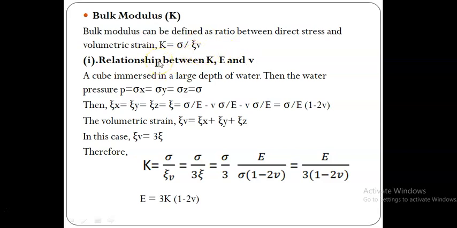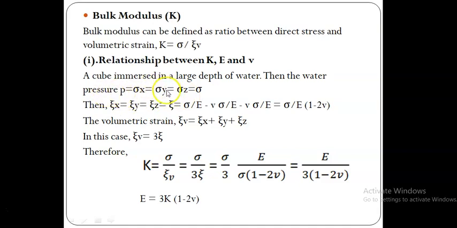Then next let us see the relationship between elastic constants, that is K, E and nu, that is bulk modulus, Young's modulus and Poisson's ratio. In this, we take a cube which is immersed at a large depth of water. Then the water pressure on the cube, P, is equal to sigma x equal to sigma y equal to sigma z equal to sigma.